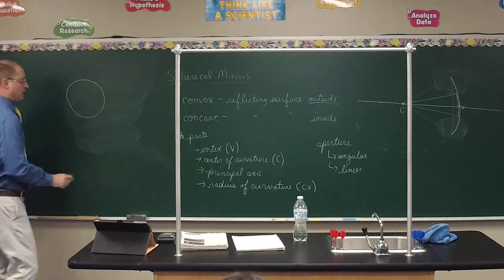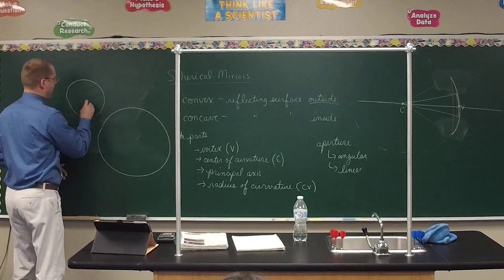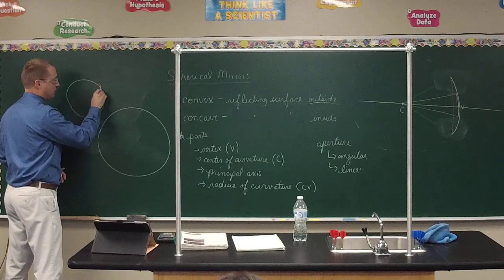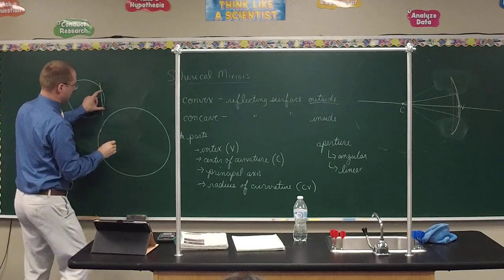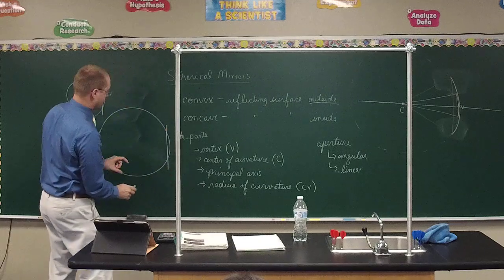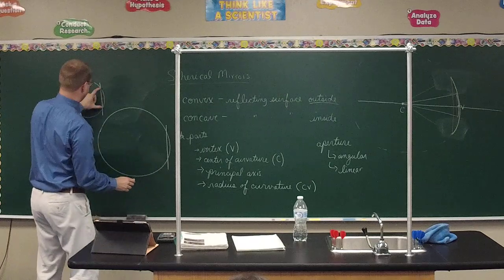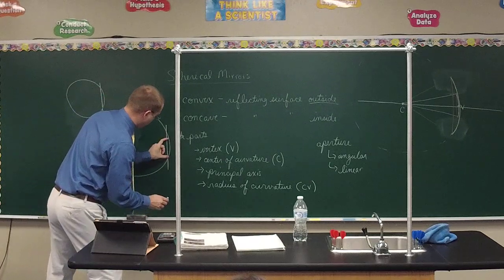We have a circle this big, and we've got a circle this big. And if I were to slice the mirror right here, and if I were to slice the mirror right here, roughly, it's not the same linear aperture, not at all. Okay.